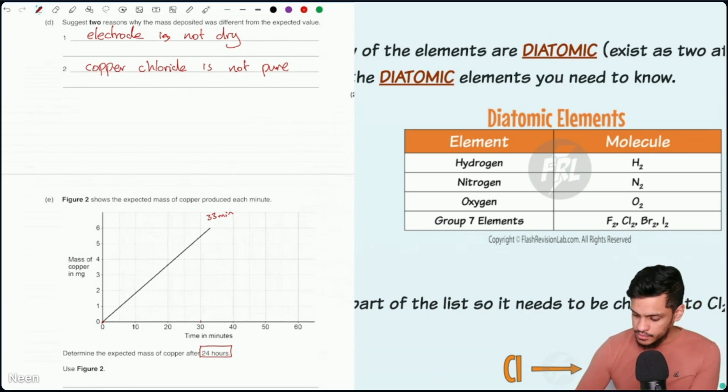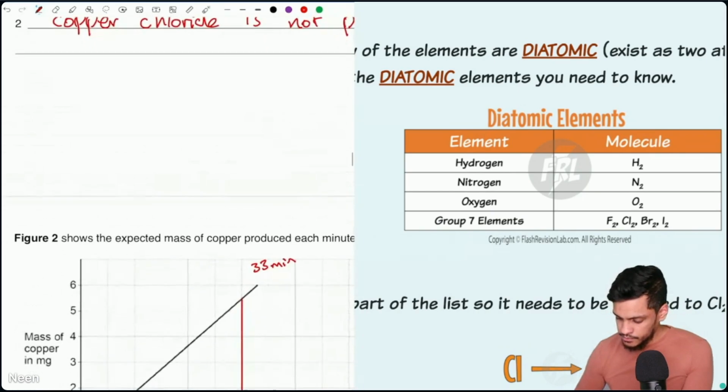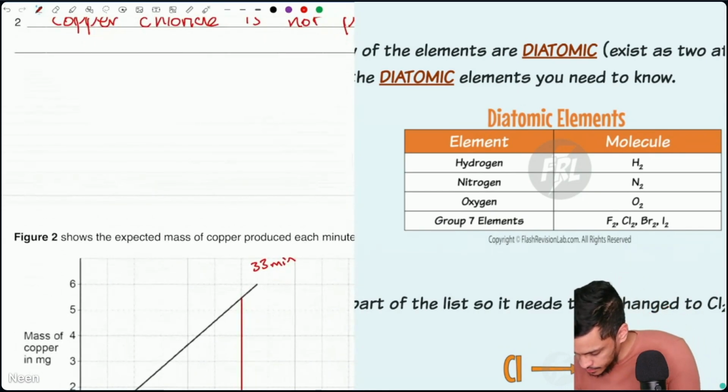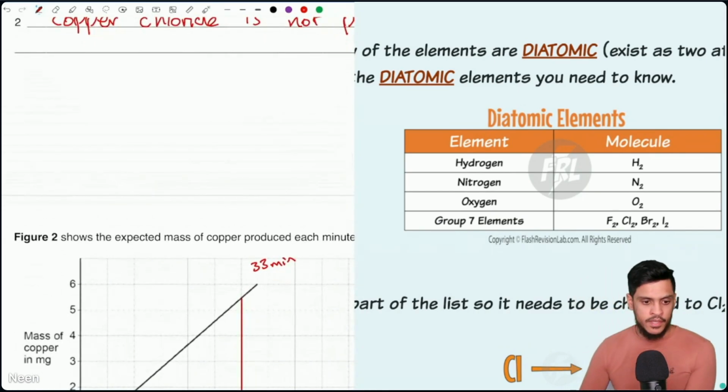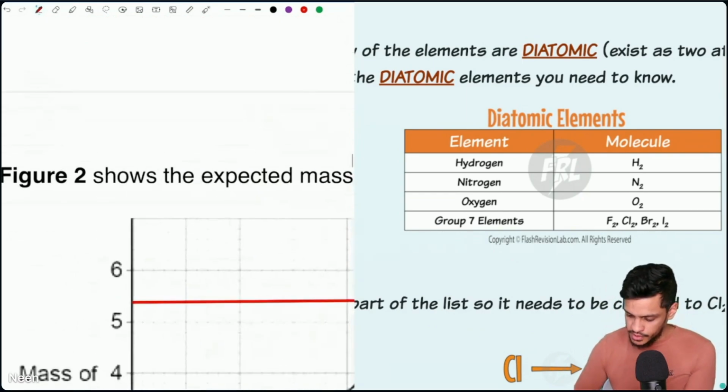I'd say, look at the reading at 30 minutes. That's half an hour. From that reading, you can work out what 24 hours would be. So that's around here. We've got to work out what this reading is.